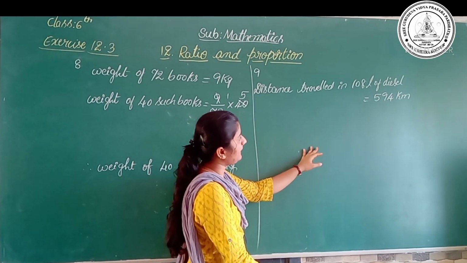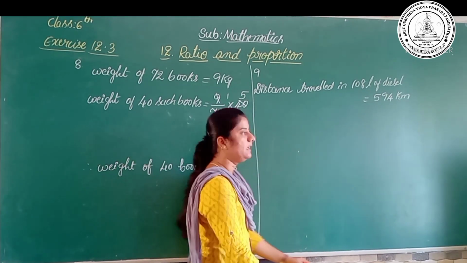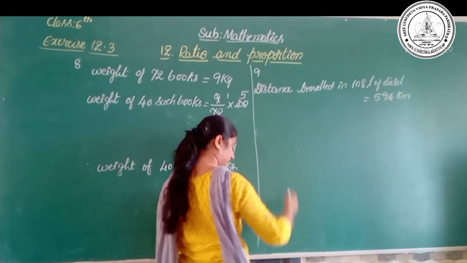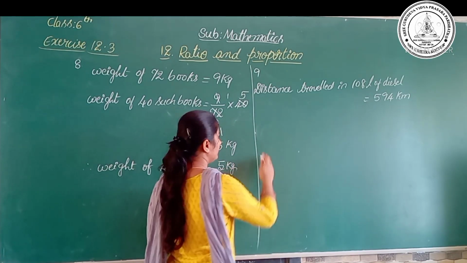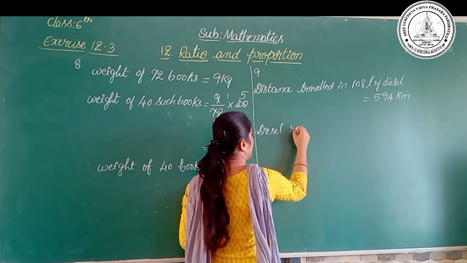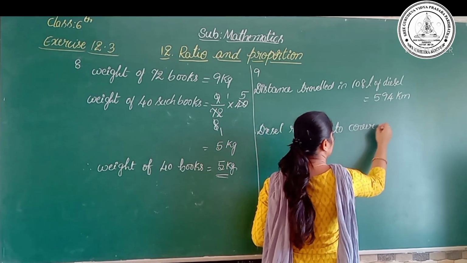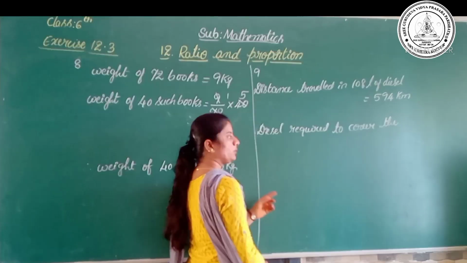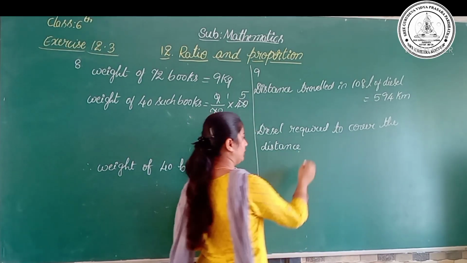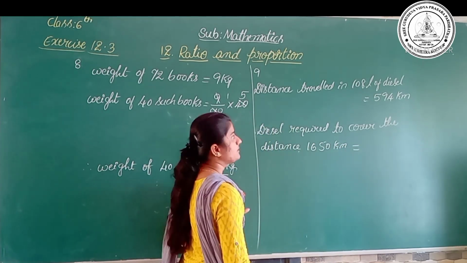Number of liters of diesel required to cover the distance 1650 kilometers is equal to, we don't know that, we have to find it by dividing.